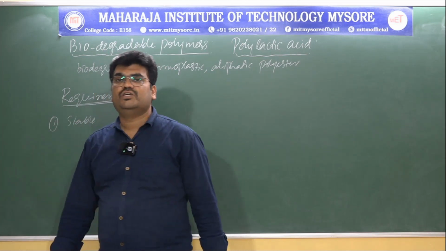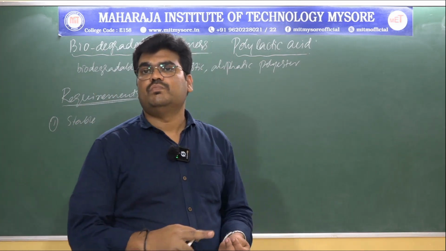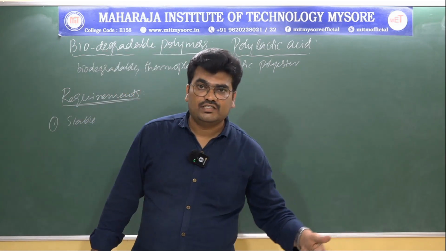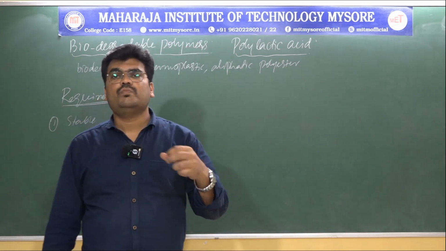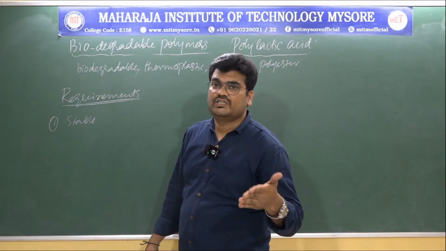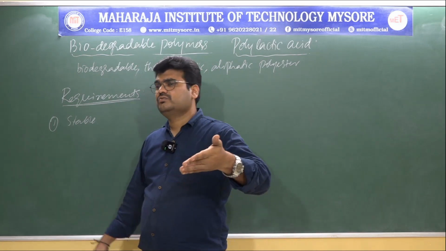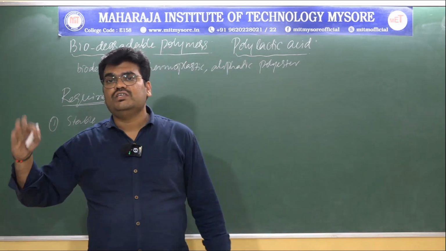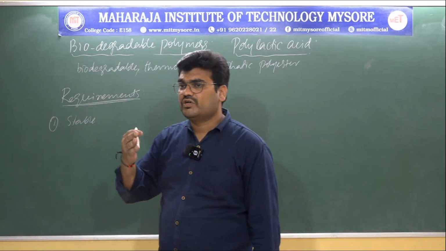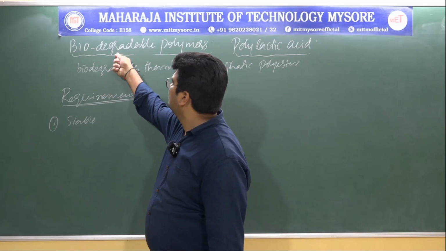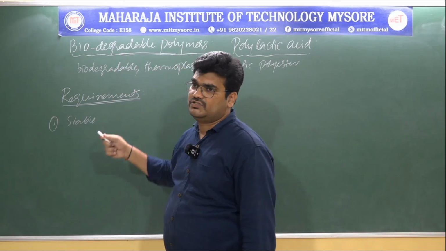They should be bioadsorbable, biocompatible, non-toxic, and exhibit good mechanical integrity until degraded. They should be capable of controlled rates of degradation. All these requirements are essential for a polymer to become a biodegradable polymer.